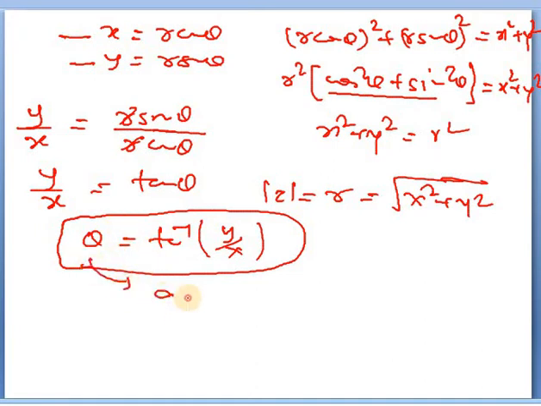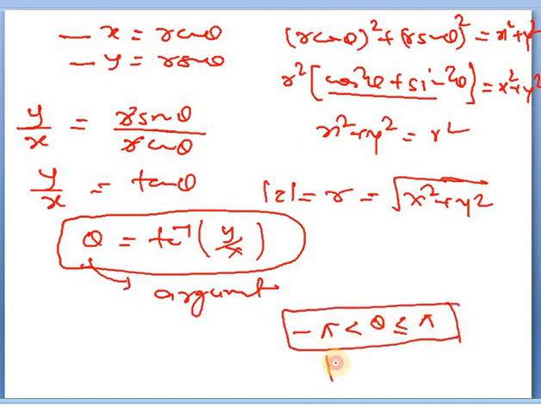The principal argument of a complex number is defined between minus pi to plus pi. This is known as the principal argument, and theta is known as the argument.